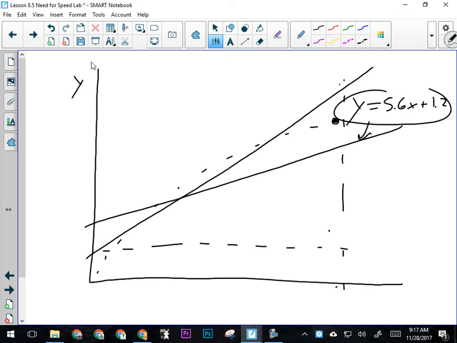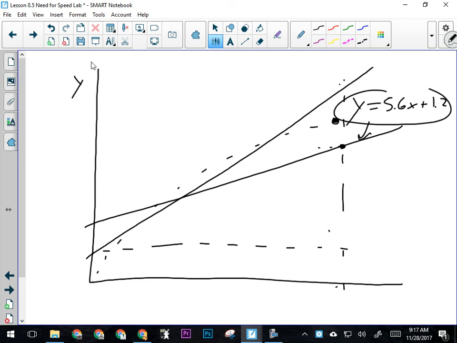So when y is 45, my graph is talking about that point, not that one. Points very rarely end up on your best fit line, but you can't use any points that aren't on the best fit line for any calculations. Does that sort of make sense? You have the line, you have the equation for the line, that's what you can use.